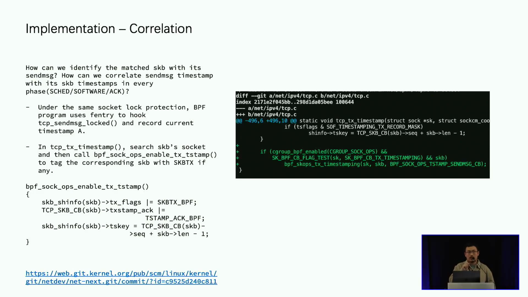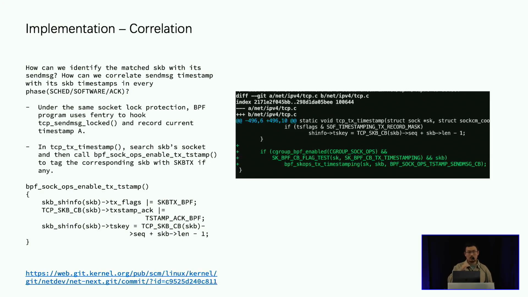Let's revisit a little bit how socket timestamping works. If you want to use socket timestamping, we require the application to record the timestamp before calling sendmsg. So in BPF timestamping, we don't want our applications changing their code. So we have to do it on our own.